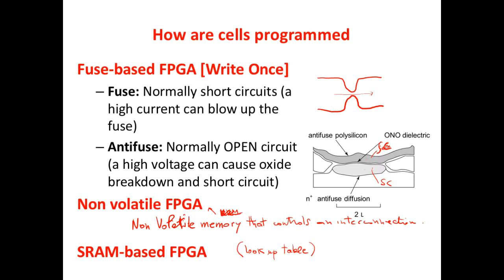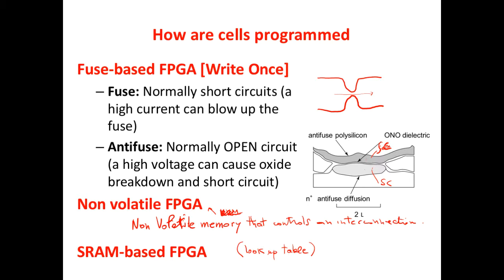And in the case of fuse-based FPGA, we have the following situation. Typically, you have that the interconnections are already placed between all the logic gates in a generic block, and then you can open the interconnection.